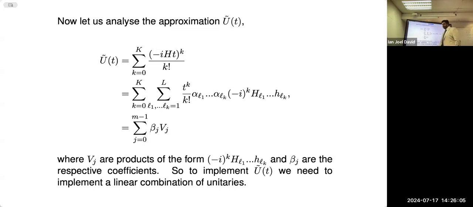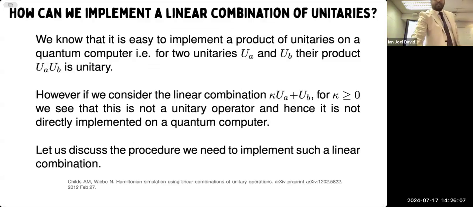It's a linear combination. So how do we go about doing this? So the question is asked, how can we implement a linear combination of unitaries, right? So if I take two unitaries, UA and UB, we know that their product is once again unitary. So it means you can implement this on a quantum computer fairly straightforwardly.